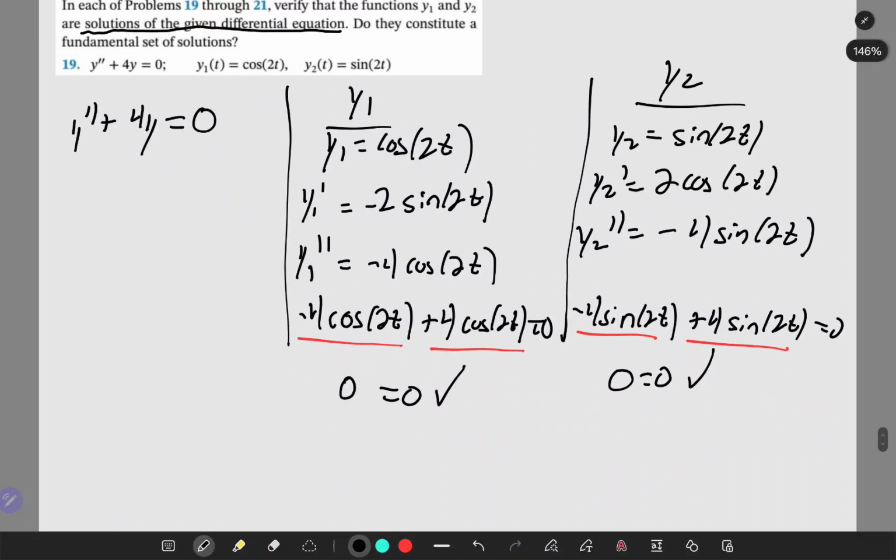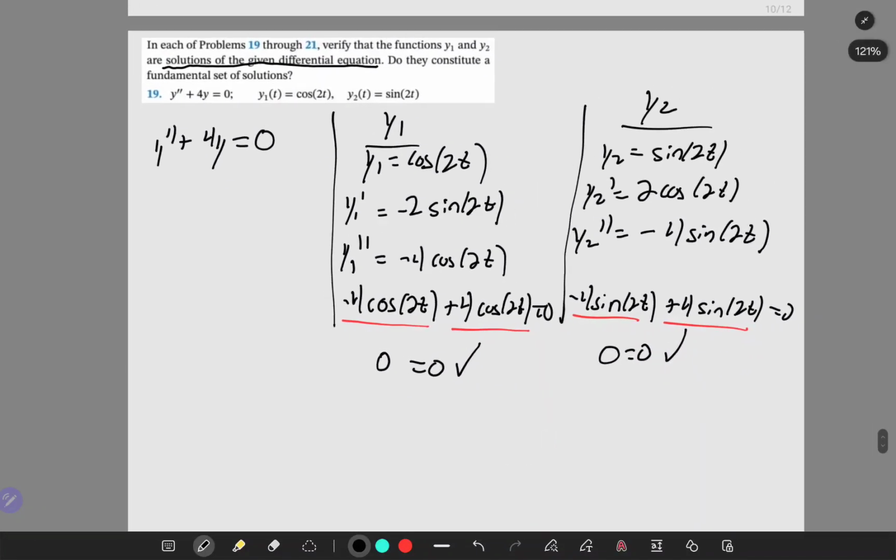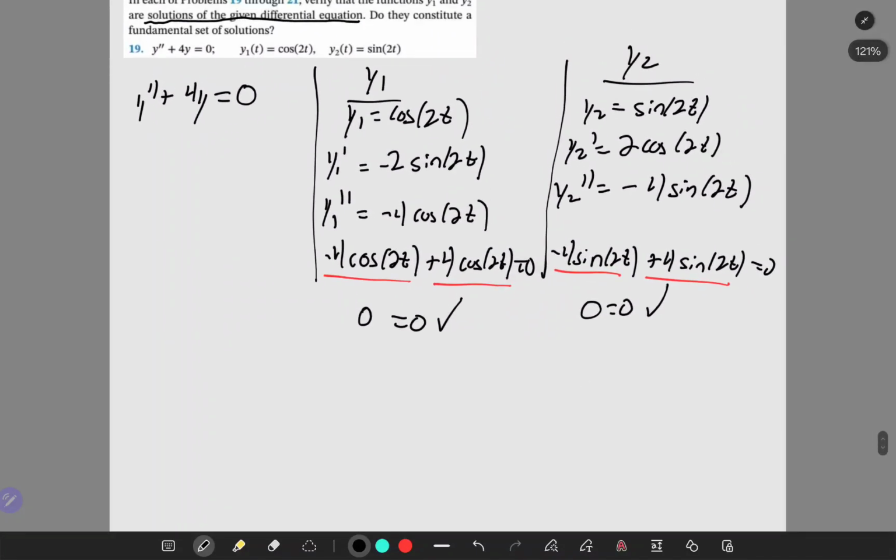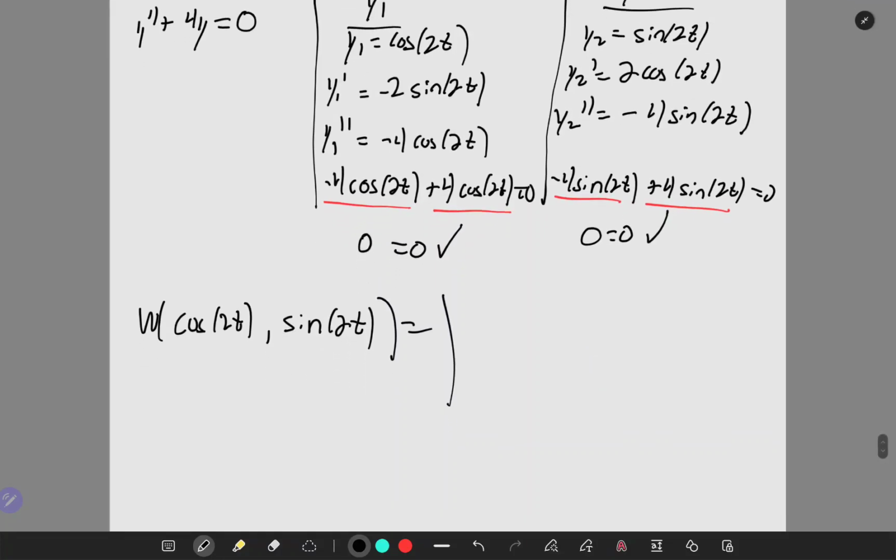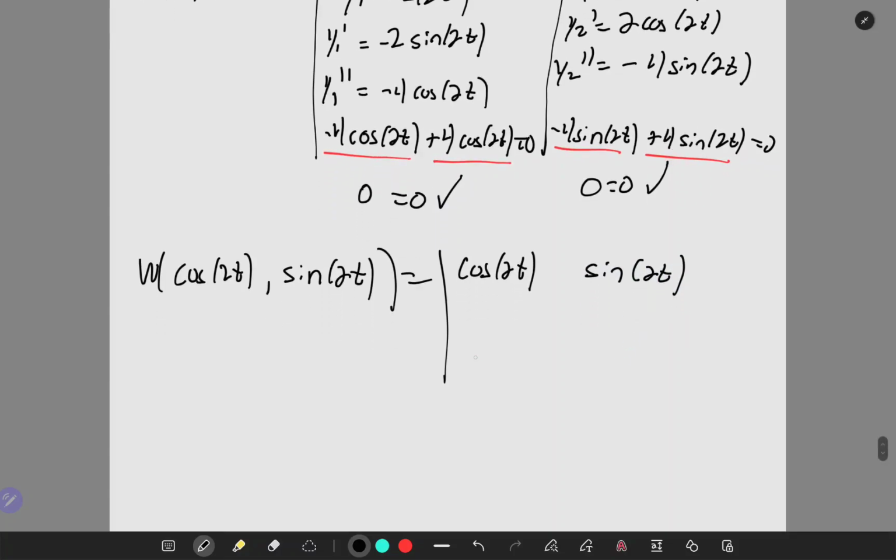Now the second part, do they constitute a fundamental set of solutions? Well, let's take the Wronskian. The Wronskian of, we have cosine of 2t and sine of 2t. So remember, the Wronskian is just the determinant. It's cosine of 2t, sine of 2t, over 2.